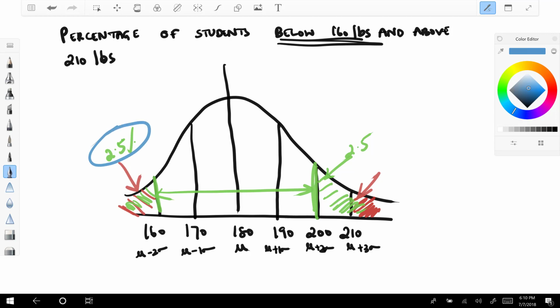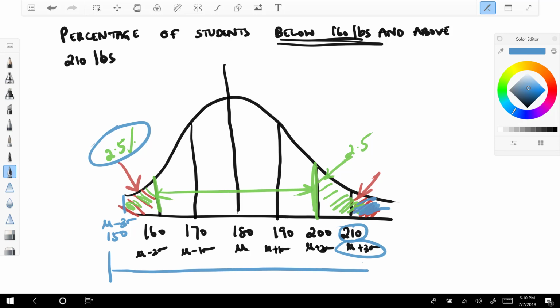Now if we look at 210, this is where we wanted this whole area above it. So this is mu plus 3 sigma. Now if we have mu minus 3 sigma, which is 150, this area from here to here would be 99.7%.